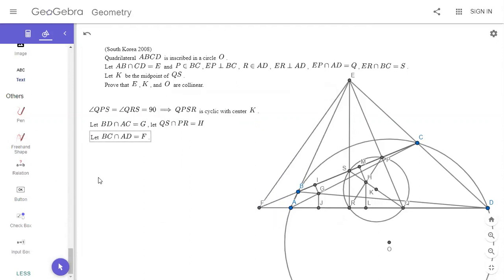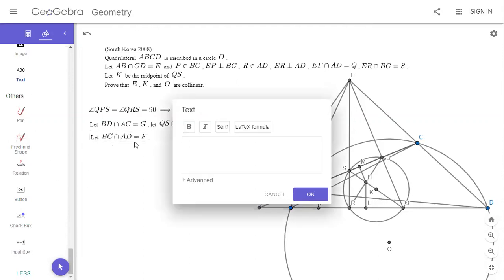Okay, so by Brocard's polar theorem on cyclic quad ABCD, we have OG perpendicular to EF.